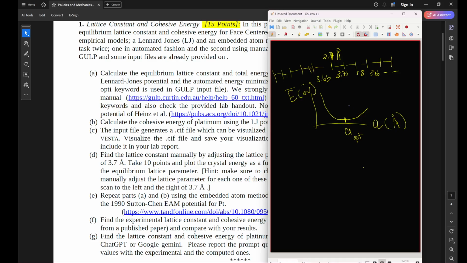If we go to the right in the tensile region, or if we go to the left in the compressive region, either way, the energy will go up because you are getting far away from the optimum lattice parameter. So as I said, this is a very fundamental graph, but here we will just deal with it for the first time, and all we need to do is get the equilibrium value by eye.